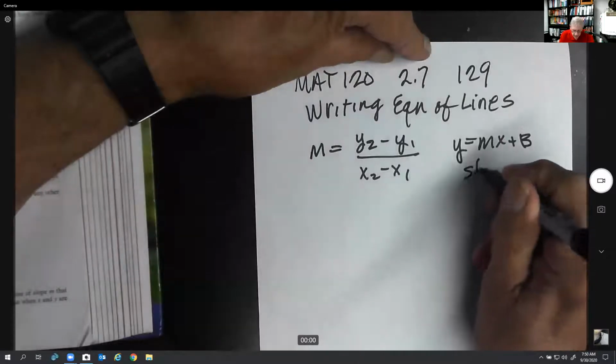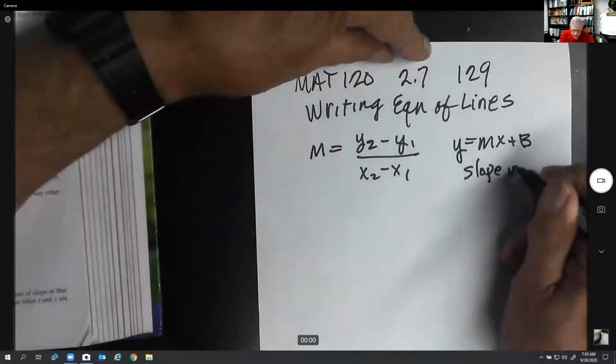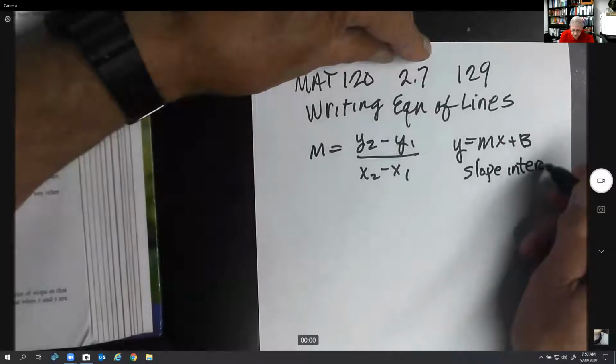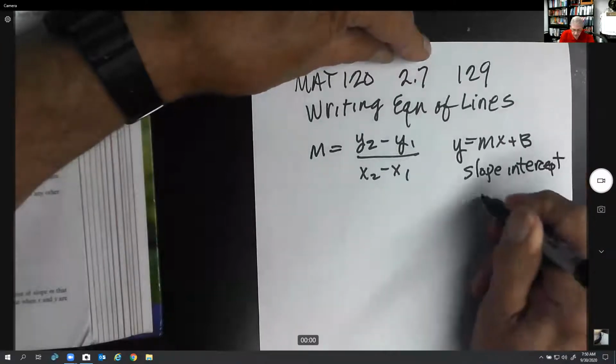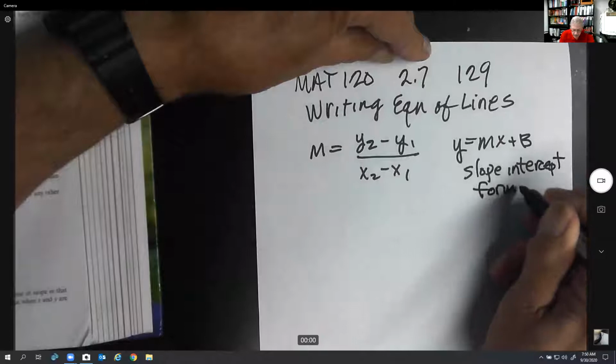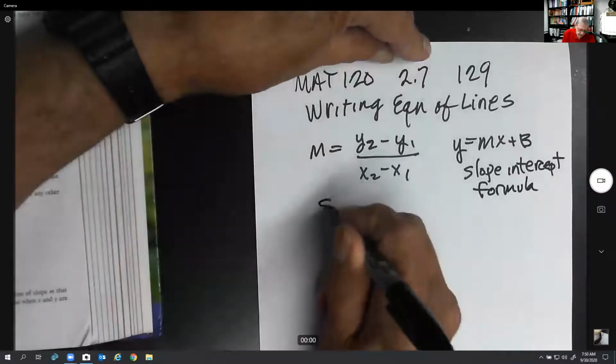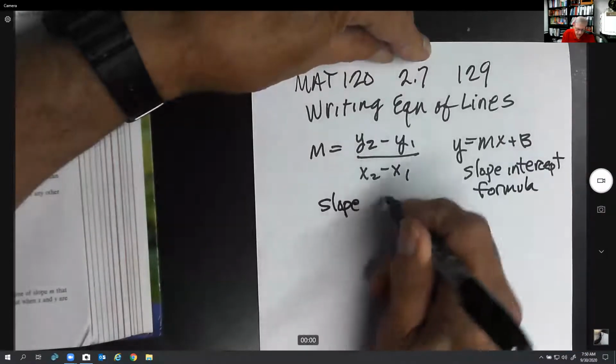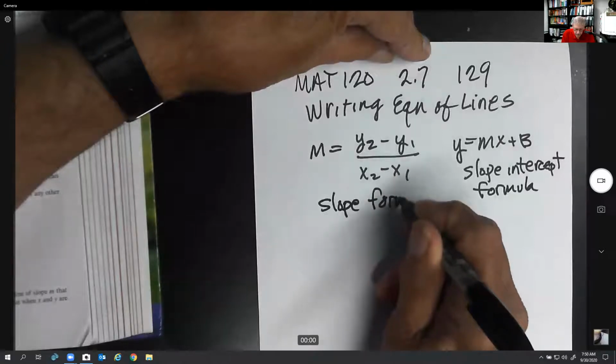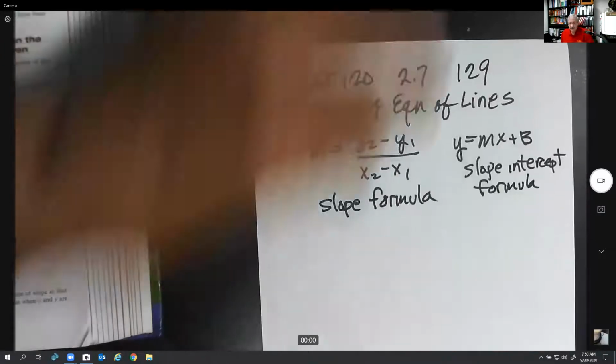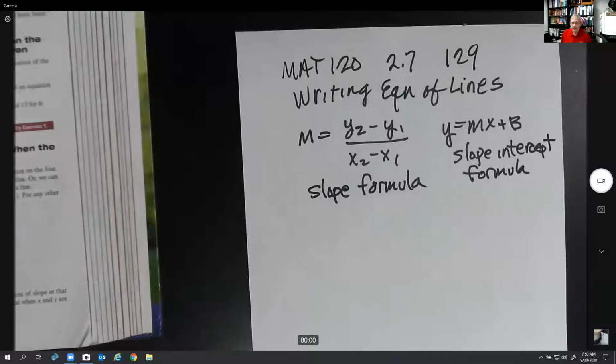The slope-intercept formula. This is the slope formula. Okay, so these are our two basic formulas that we're going to be working with.